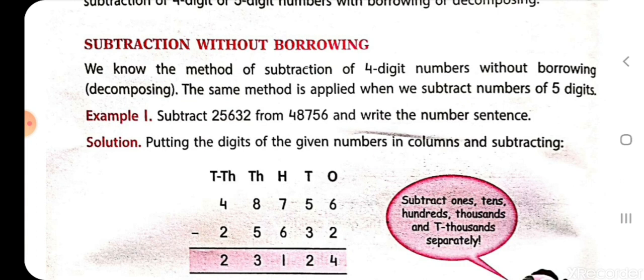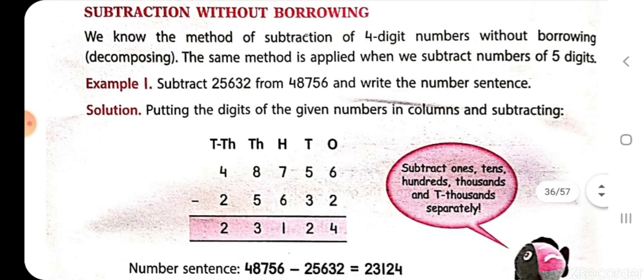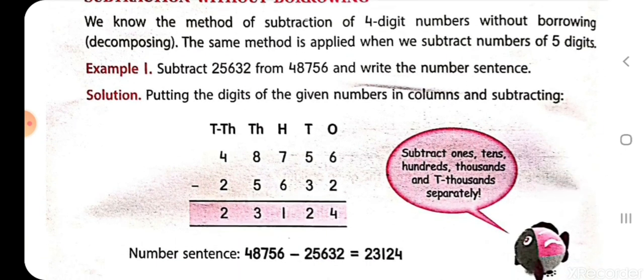As you can see in the question, it is given subtract 25,632 from 48,756. That means you have to subtract 25,000 something from 48,000. From means usme se. In the solution, simply you have to subtract, in this form.